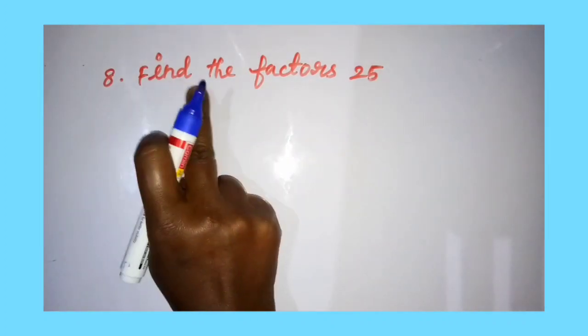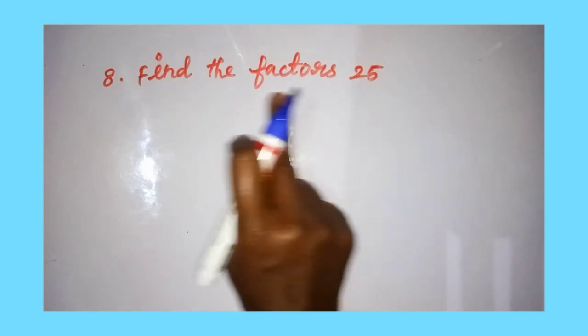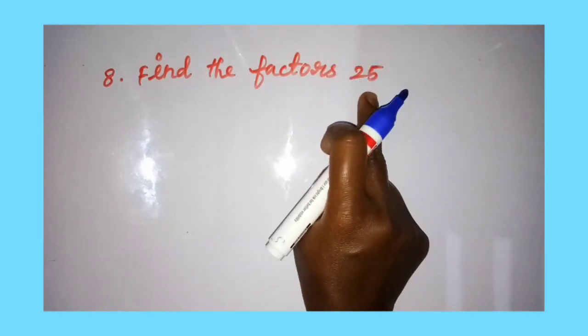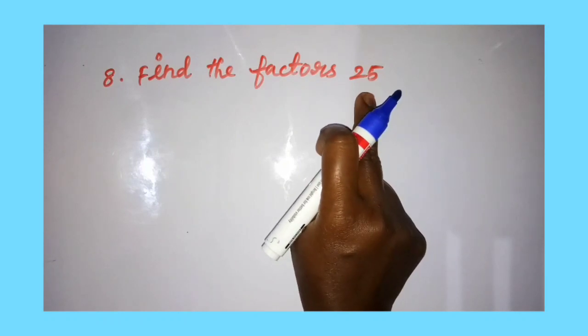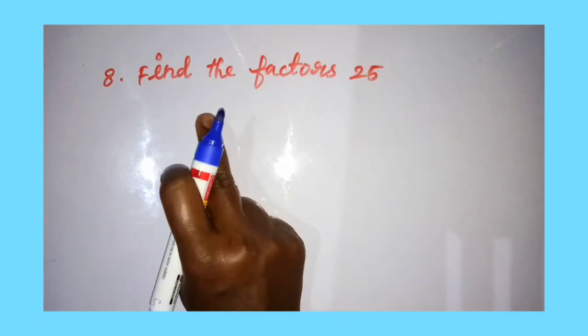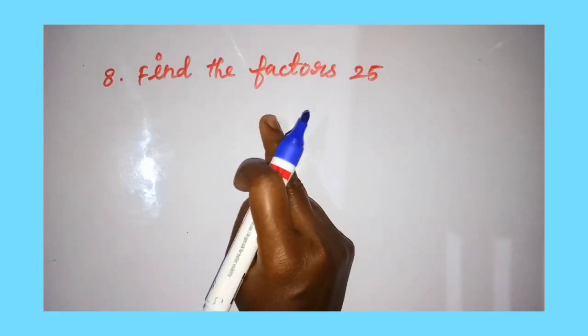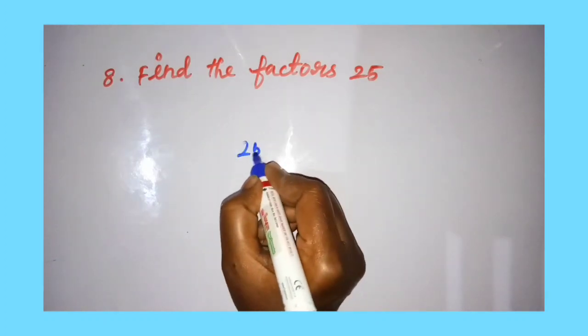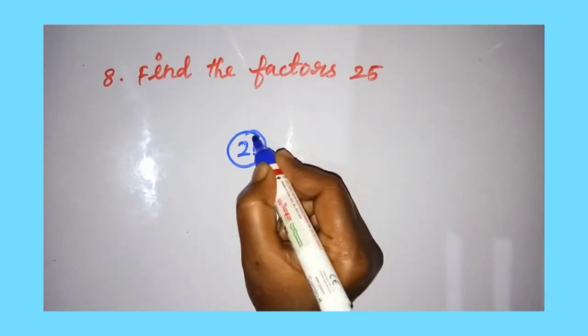Eighth one. Find the factors of 25. So to write factors, for any given number you have to multiply by the 1 table, and then see which tables it comes in, and those tables you have to write. So we write 25. First we multiply by the 1 table.